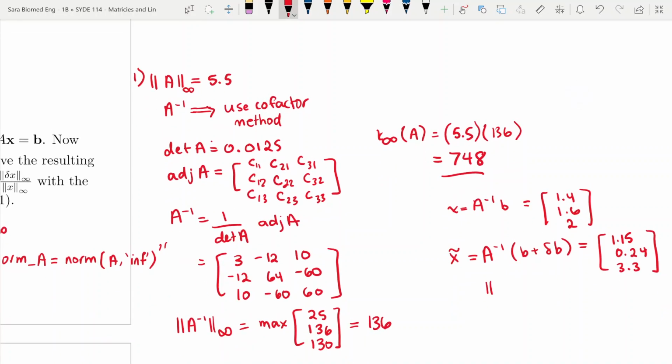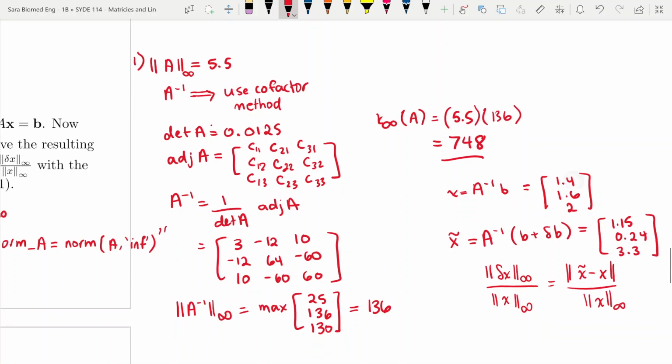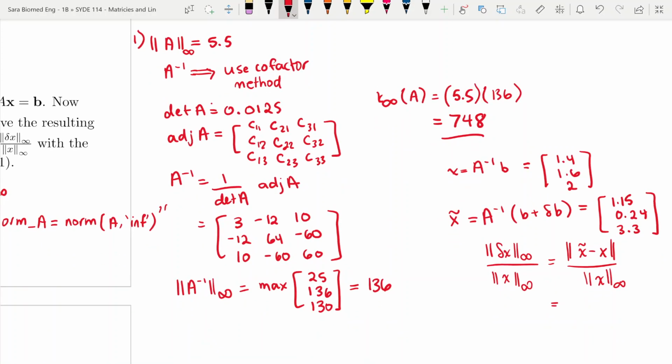So what's on the top is the norm of negative 0.25, 1.36, and the third entry.